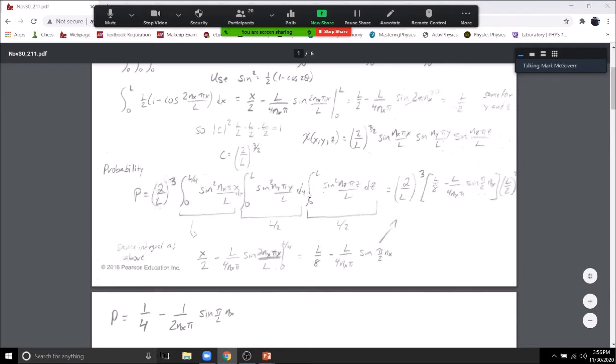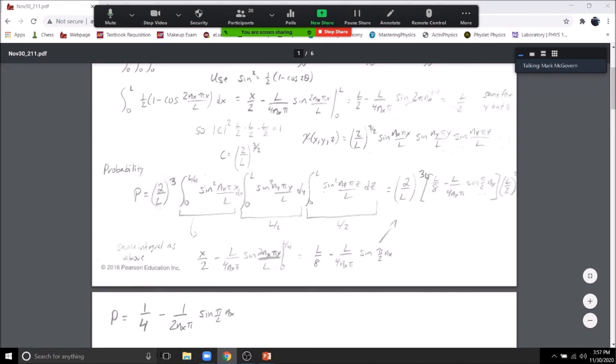All right, so if I do that here, I already know what the integrals are going to be for y and z. That's L over 2. That came from the earlier stuff here. And if I integrate from 0 to L over 4, I get a different expression in here. So I have my constant out in the front. It's cubed, 2 over L. It's cubed now because we already squared our wave function.